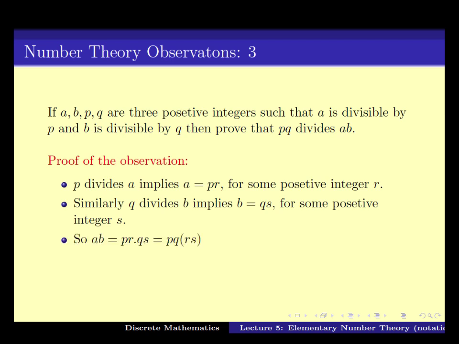So a times b equals pr times qs, which is pq times rs. Now since r and s are both positive integers, r times s is also a positive integer, which means that ab is divisible by pq. So this gives us 3 observations in number theory.